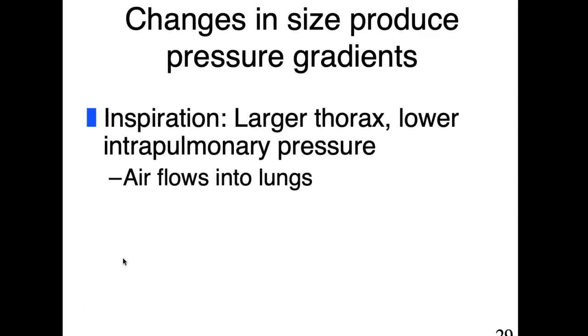During inspiration, you need a larger thorax, and that larger thorax is going to create a lower intrapulmonary pressure. It's like stretching a box. The pressure drops inside the box, and if the pressure drops inside the box, air is going to flow in. So this is what you're doing with varying the size of your thoracic cavity. If you're going to inspire, then you're going to increase the size of that cavity.